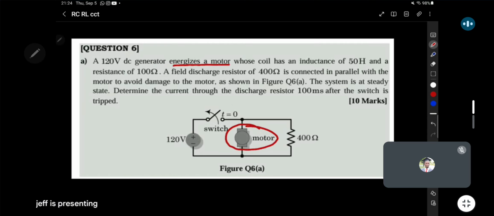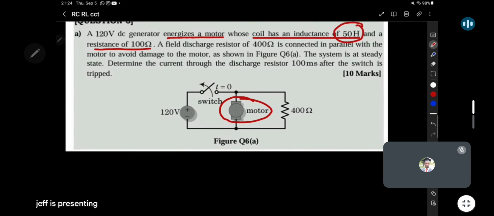Now you just want to pay attention to what they keep saying here. Whose coil? So they're saying that the motor has a coil that has an inductance of 50 henries. Now, the fact that they're saying it has an inductance, so I think it has an inductance and a resistance.